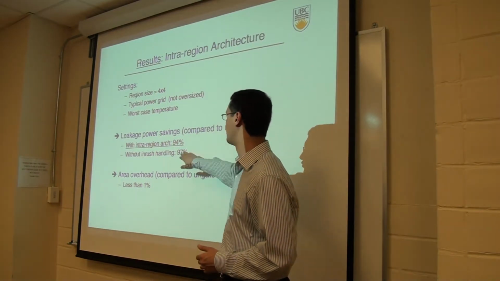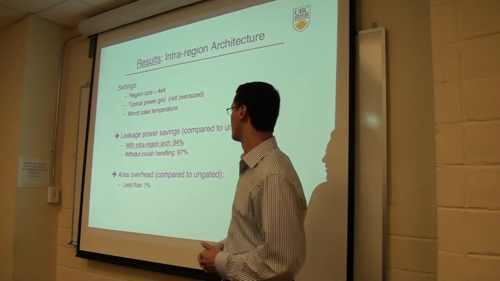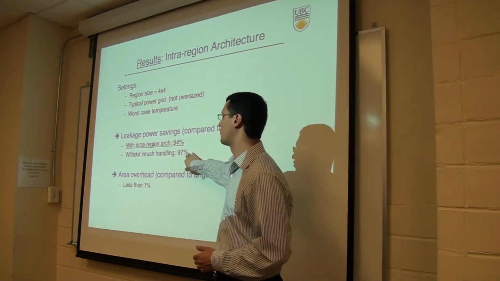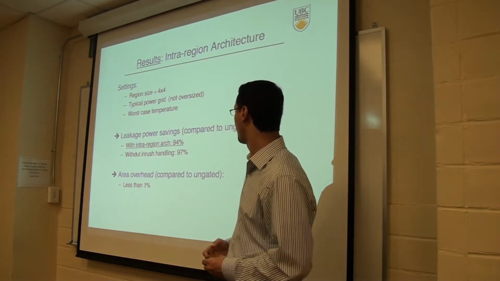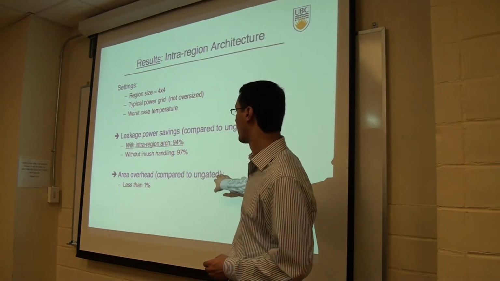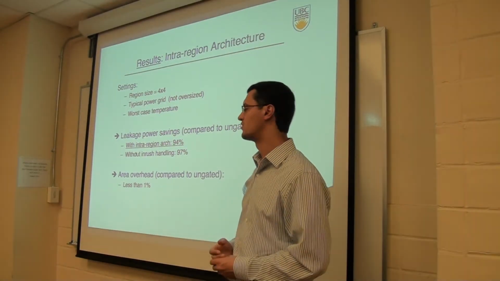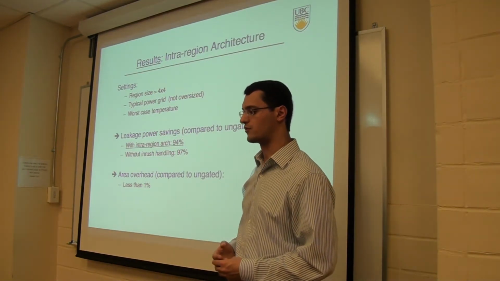The savings could be up to 94%, even with the existence of these delay elements, and without them it was 97%. So the overhead, as you can see here, is small. Also, we studied the area overhead compared to the ungated architecture, and the additional delay elements caused an area overhead of less than 1%.